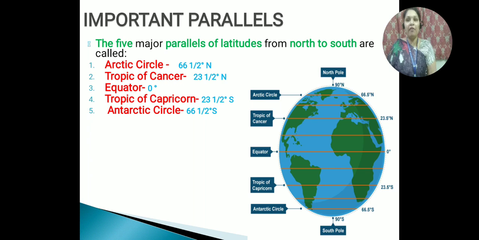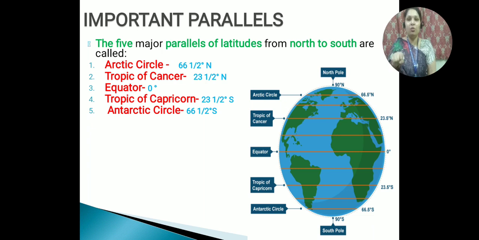There are 5 major parallels of latitude from north to south. If you see on the right hand side, there is a picture of the earth, with the north pole on the north side and the south pole down on the south side.